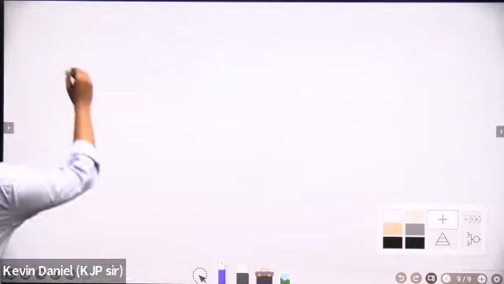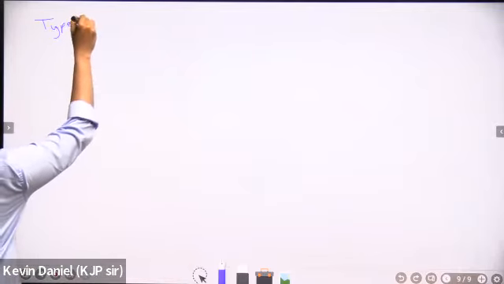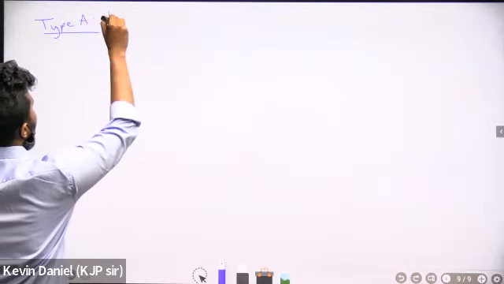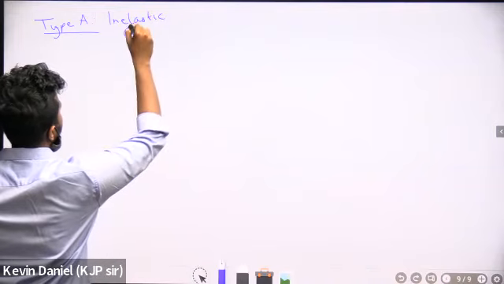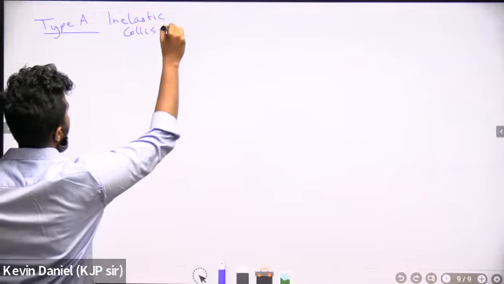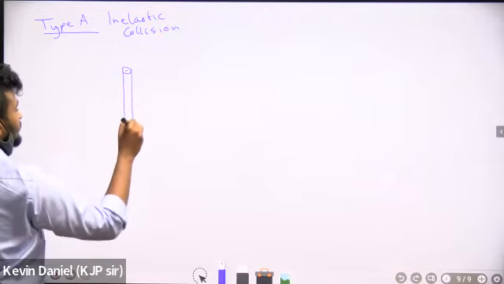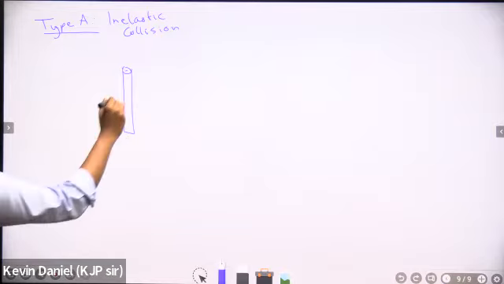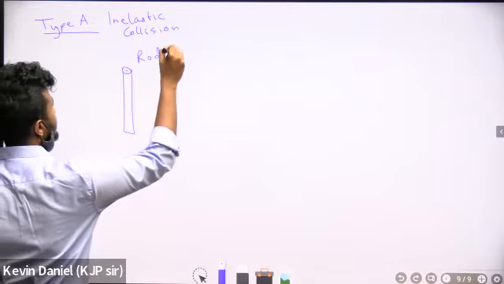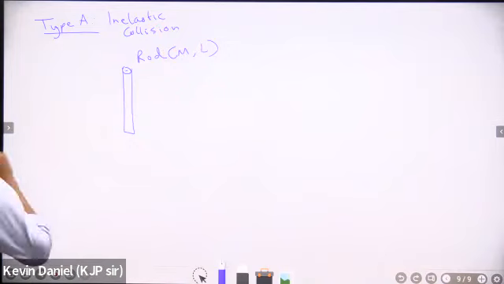So case one, there are two types. The first and the easiest type will be when the collision is inelastic. Only one unknown will remain here, okay? Very easy. So inelastic collision: imagine I have a rod, like this. The uniform rod has mass m. In brackets I write m and l, meaning the mass is m and the length is l.